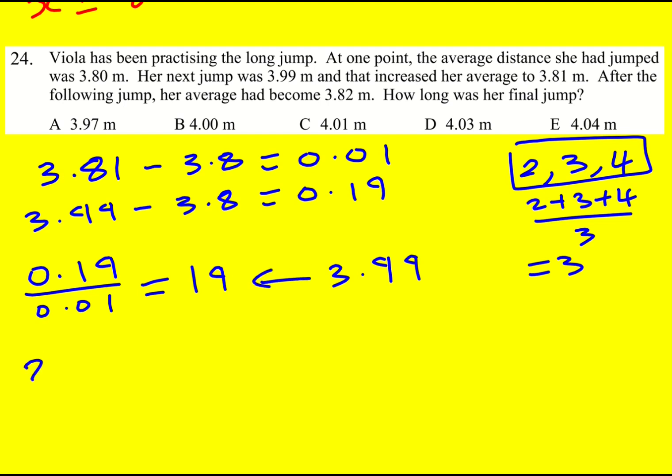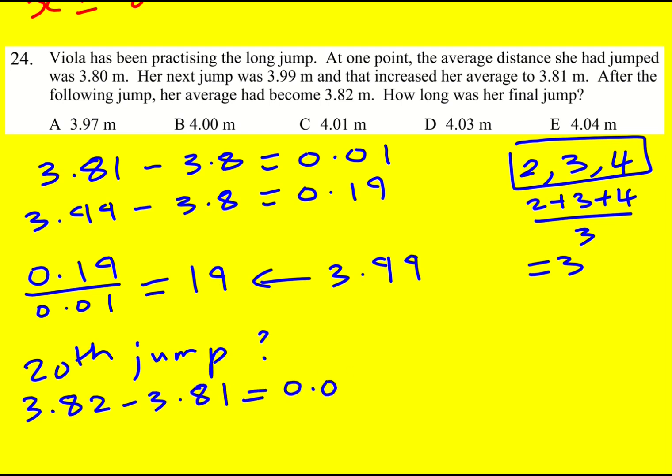So now let's look at the 20th jump. We don't know what that is, but the average has gone up from 3.81 now to 3.82. So we want all the jumps to again go up by 0.01. And so we need to distribute 20 lots of this 0.01 to every jump in theory, just like you would with the counters.